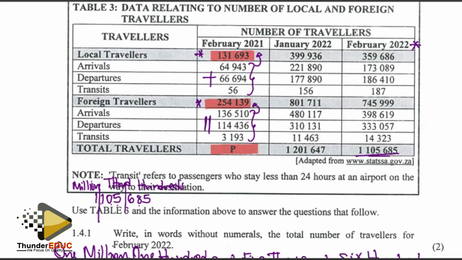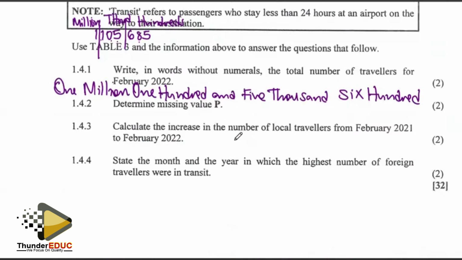So it will be so easy, which is 131,693 plus we are adding on 254,139.